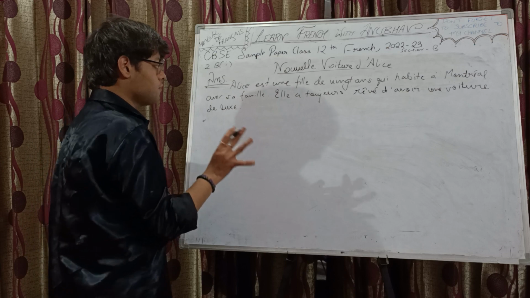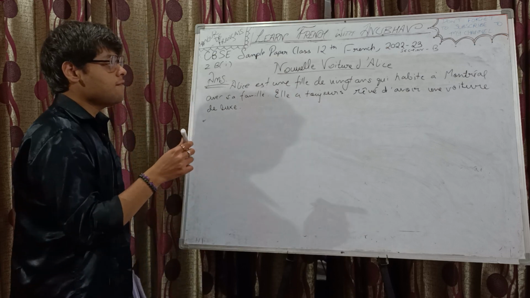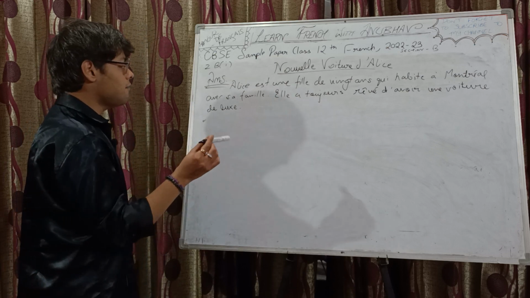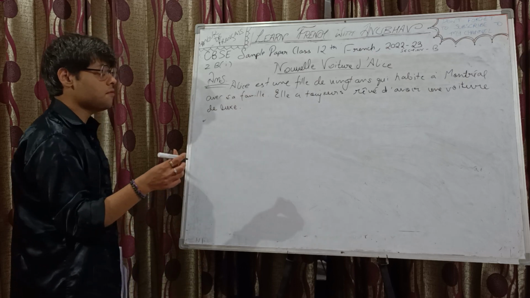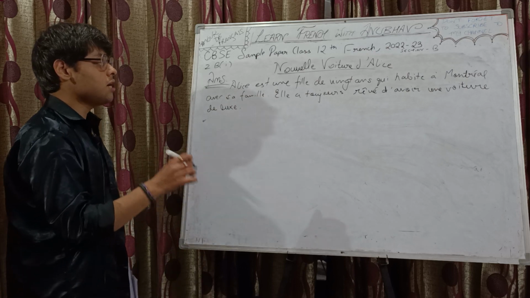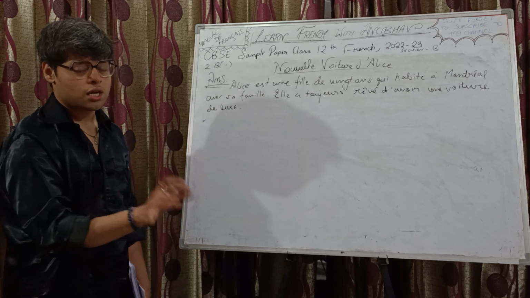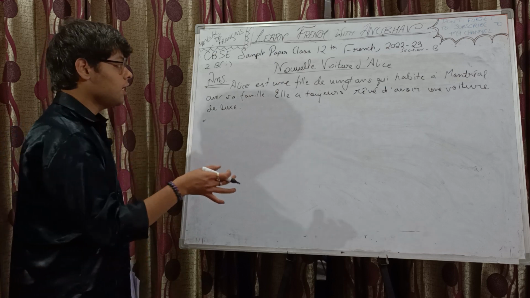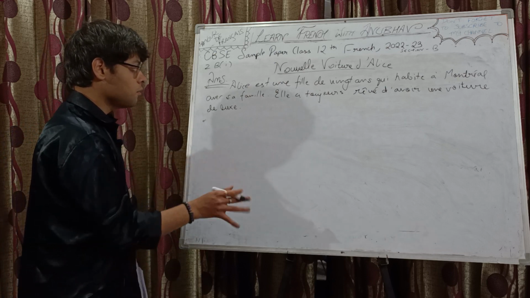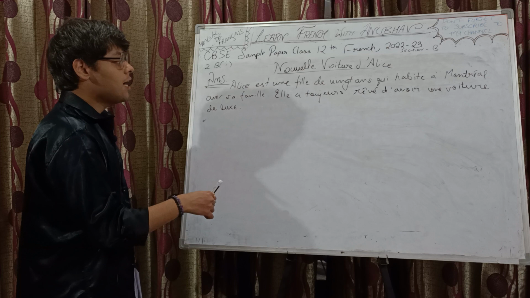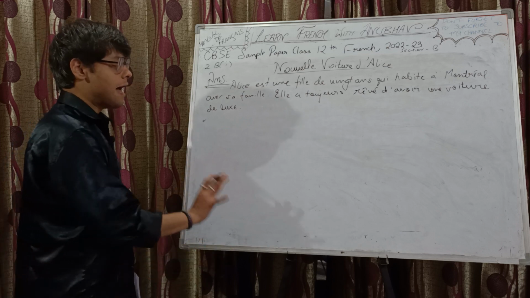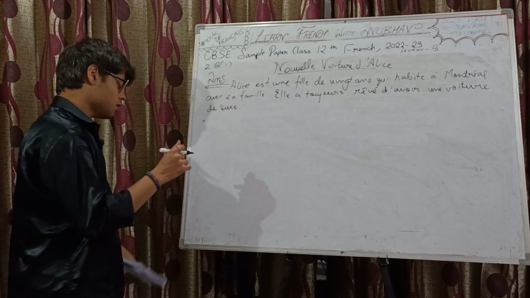Okay, so this is the background of the story. So Alice is a girl of 20 years old who is living with her family in Montreal, and she has always dreamt of having a luxury car.